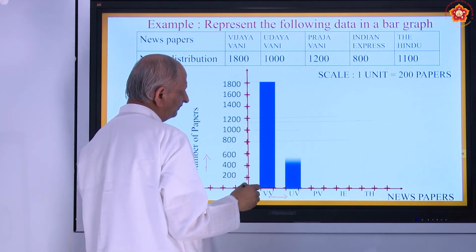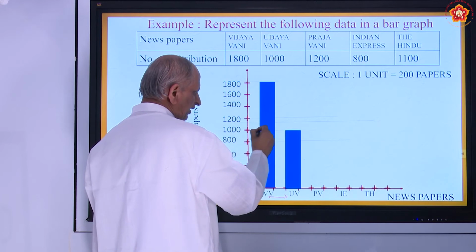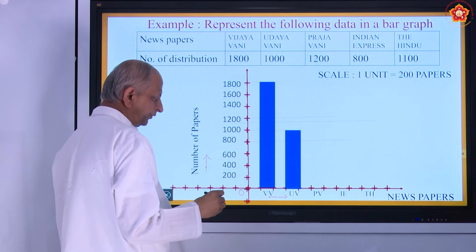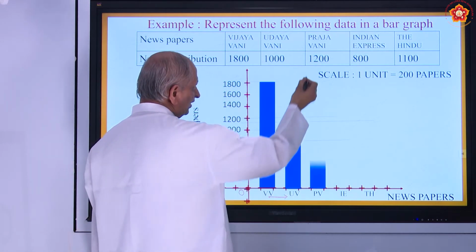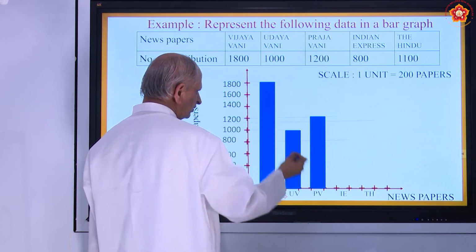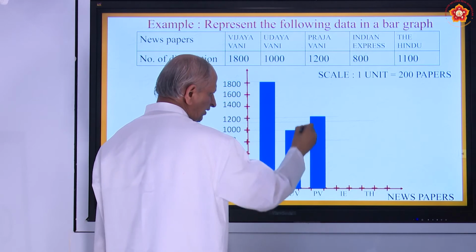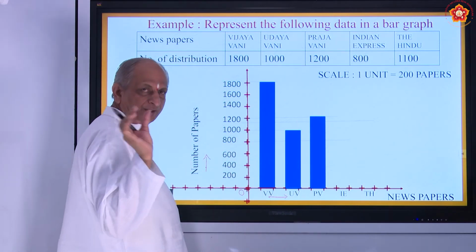Coming to Udayavani, it is 1000 papers. So for 1000, you must draw a line. It's a rough line just to find out where it stops. Then come to Prajavani. Prajavani is how much? 1200. So for 1200, you must draw a rough line and you must draw a rectangle. Of course, all must be of the same width.